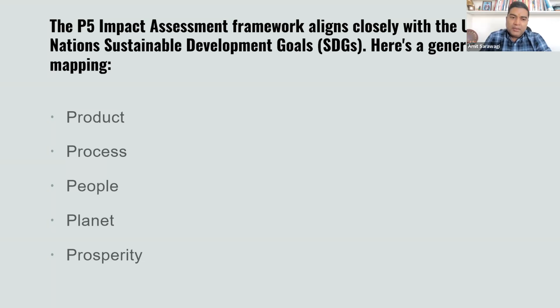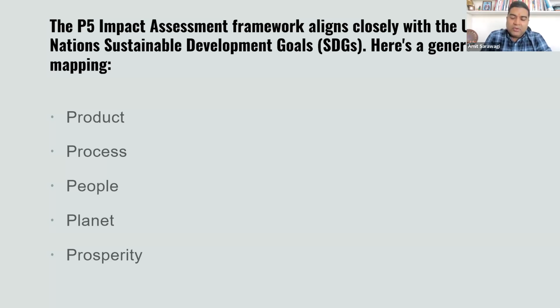The third P is people. The fourth P is planet. And the fifth P is prosperity. All these are being mapped with the Sustainable Development Goals. Let us deep dive into which number is associated with which factor: product, process, people, planet, and prosperity.